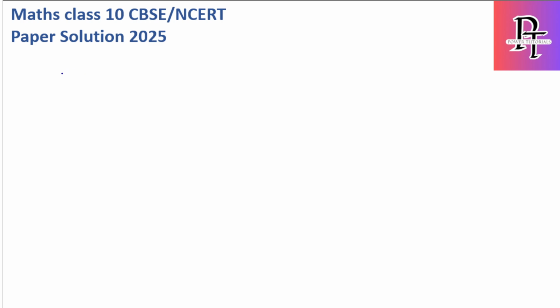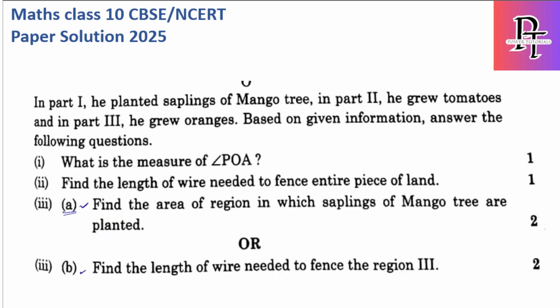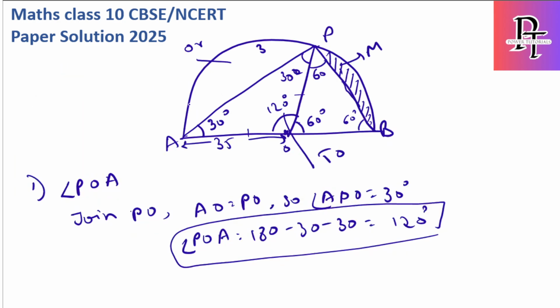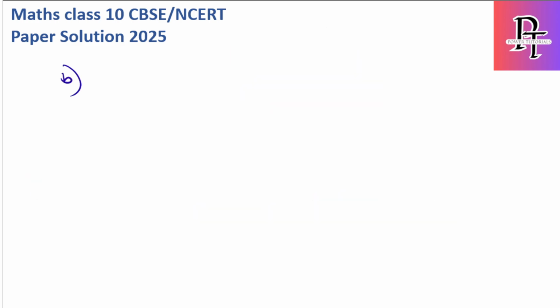Okay, let's see the B part now. So what is the B part they are asking? Find the length of wire needed to fence the entire region 3. So what is entire region 3 here? This is the entire region. So they are asking to find, I will just change the color, they are asking to find this value. Okay, so this part I will draw it again in another slide. So how is it? It is something like this.